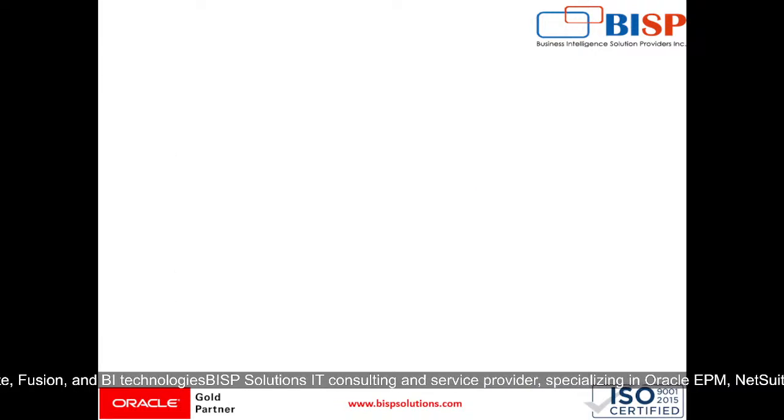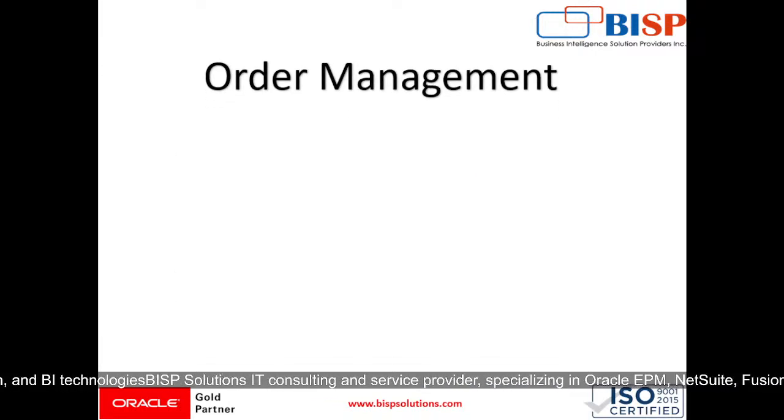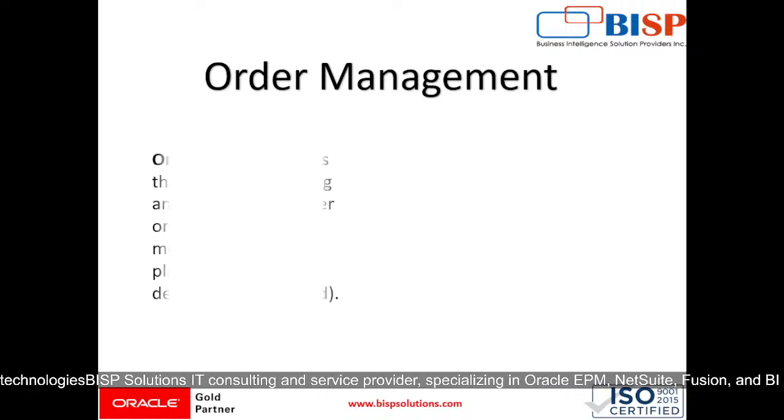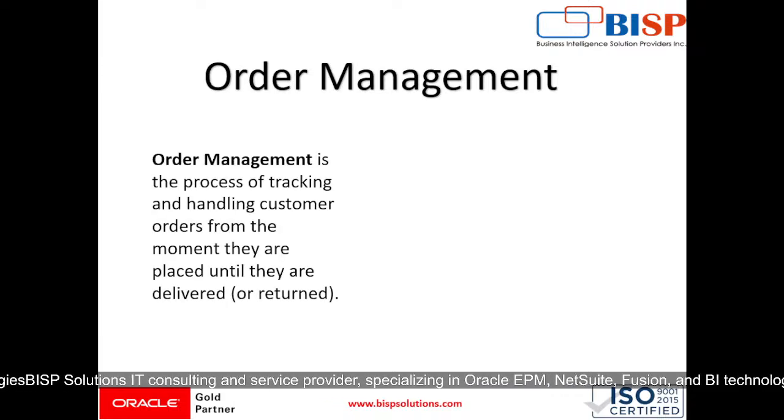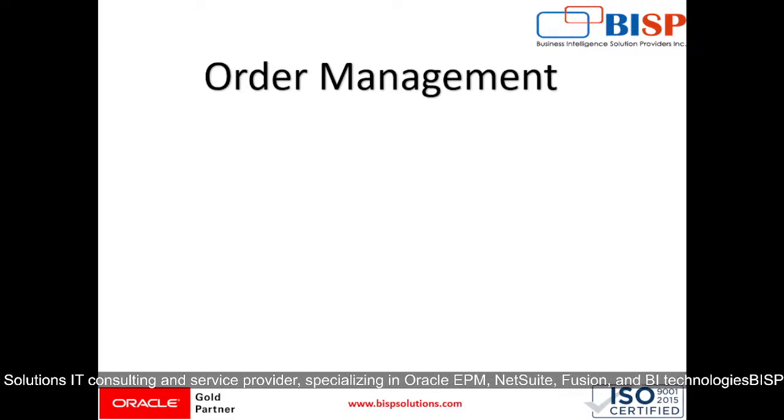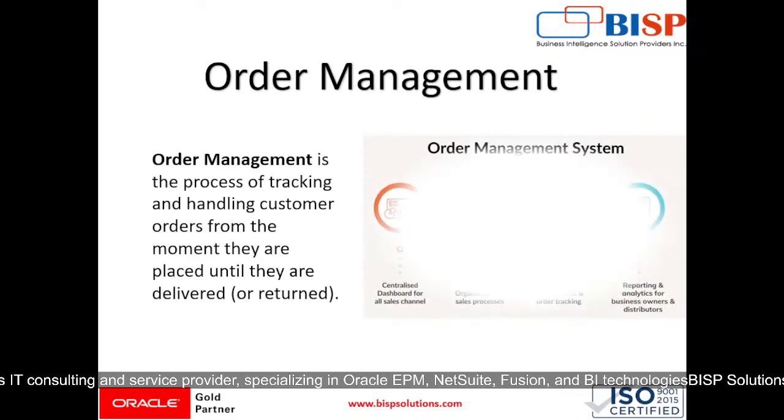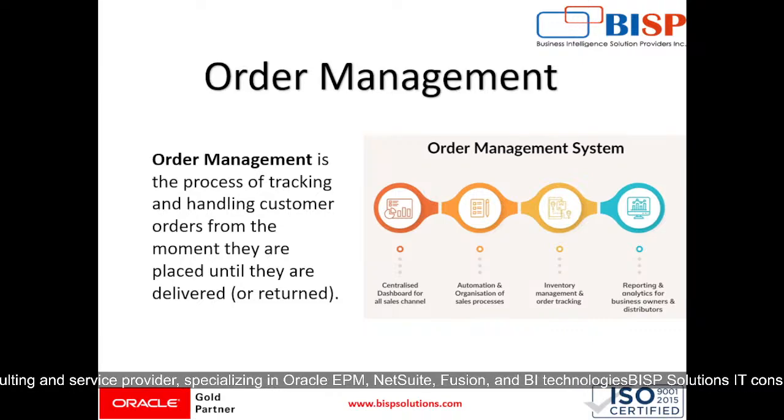So starting with a hypothetical example for getting a good understanding of order management. Firstly we will be understanding what order management is. Order management is the process of tracking and handling customer orders from the moment they are placed until they are delivered or returned.